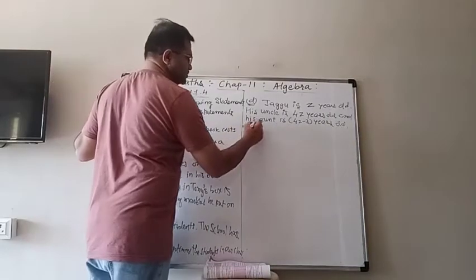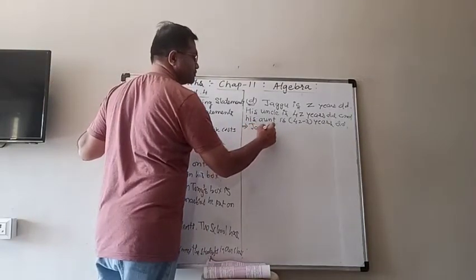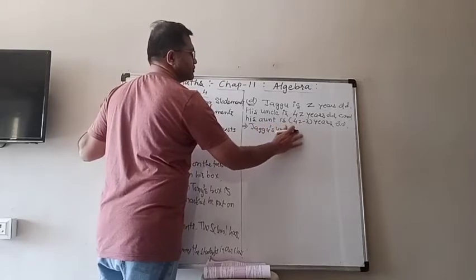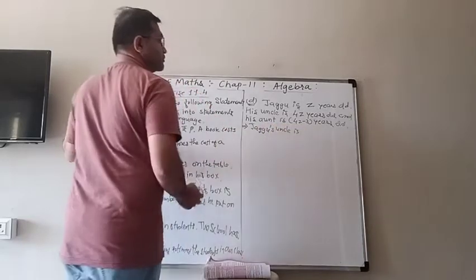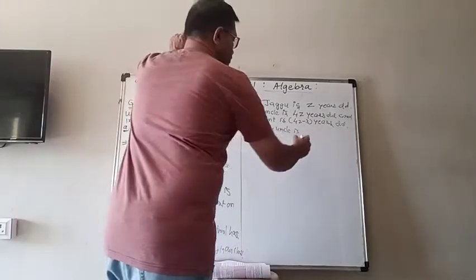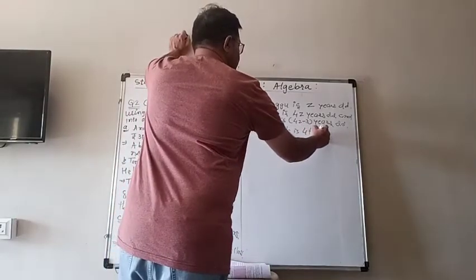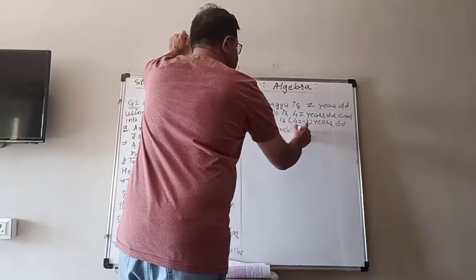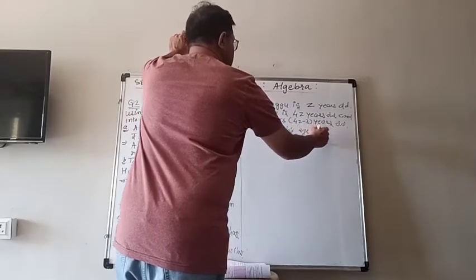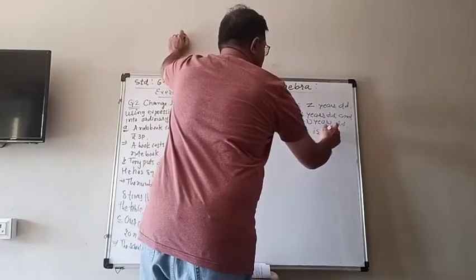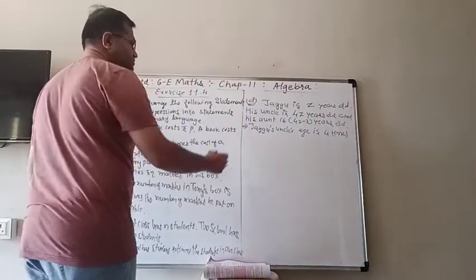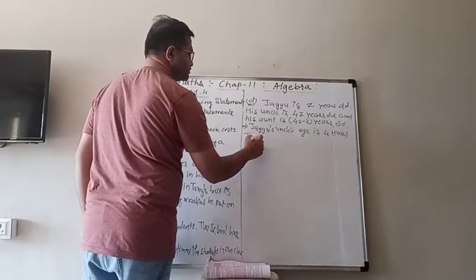So Jaggu's uncle's age is 4 times Jaggu's age.